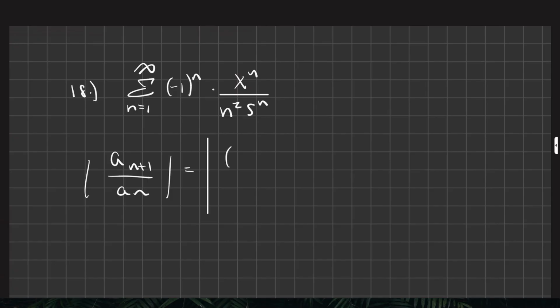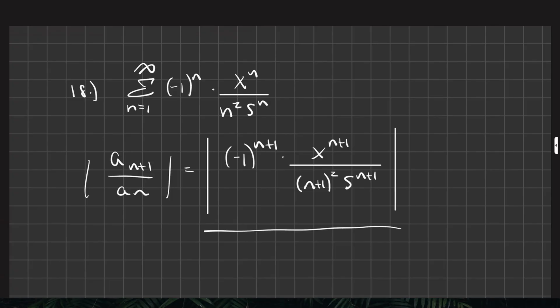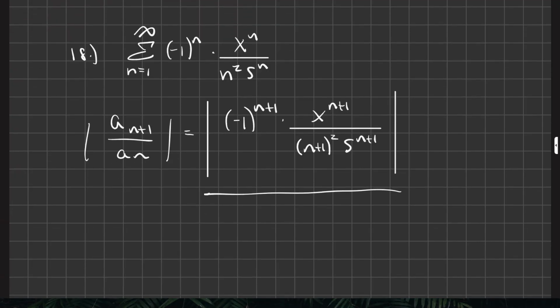and I really do want to keep my absolute values this time because of these alternating terms. So negative 1 to the n plus 1 times x to the n plus 1 over n plus 1 squared times 5 to the n plus 1. And then this is all over negative 1 to the n, x to the n over n squared 5 to the n.